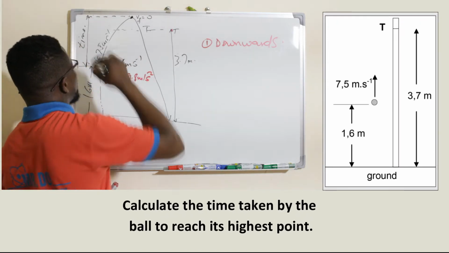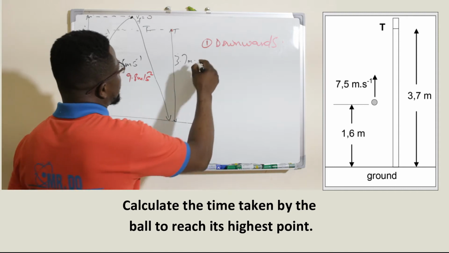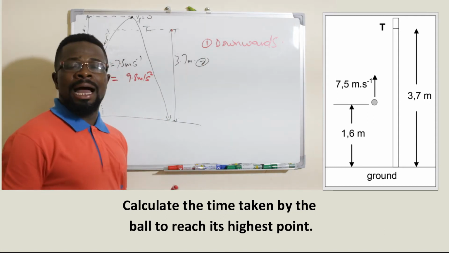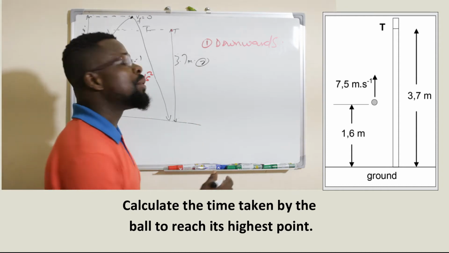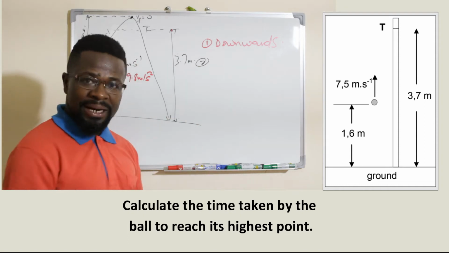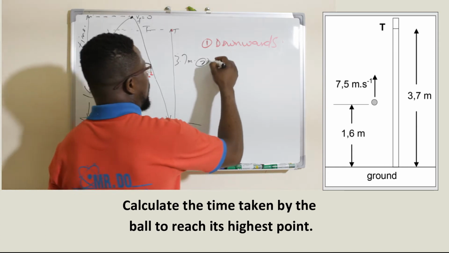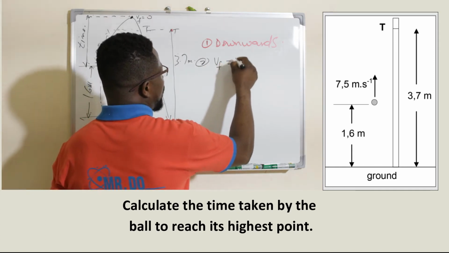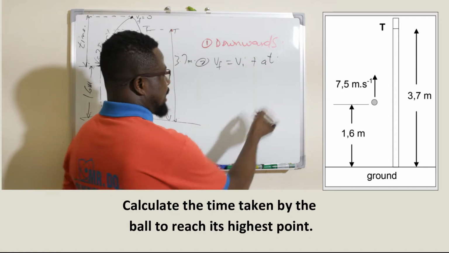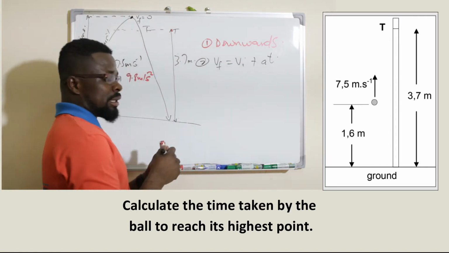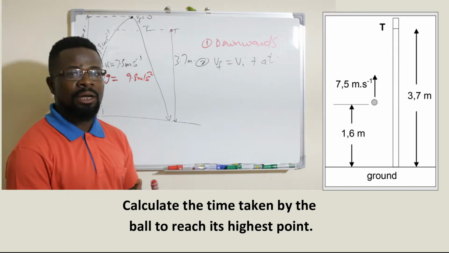Time is what question number 2 is requesting. So the appropriate formula is Vf equals Vi plus at. The a here stands for the acceleration due to gravity, which is the gravity that we are looking at.